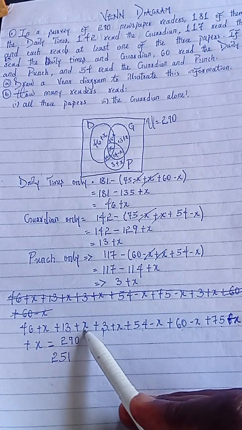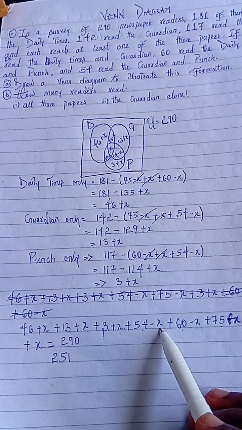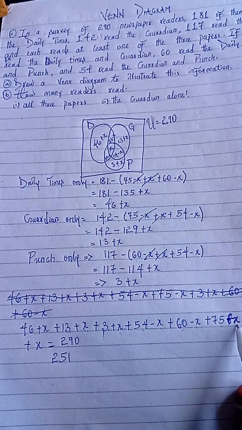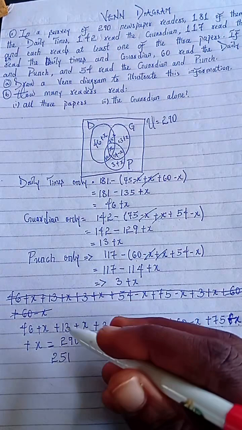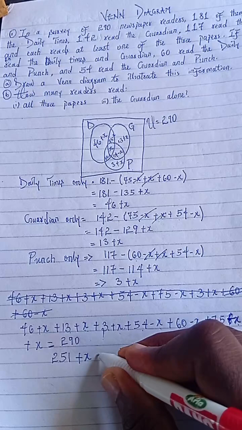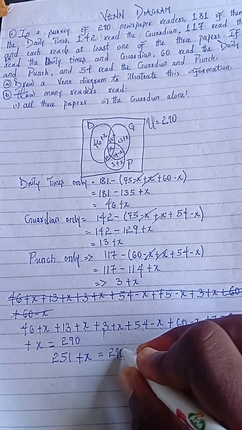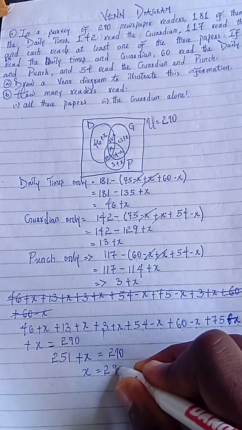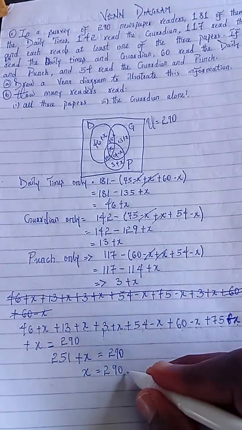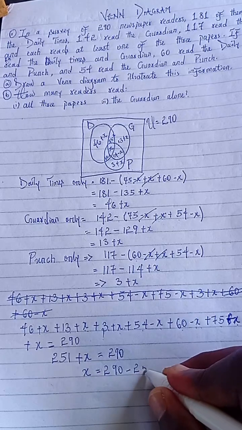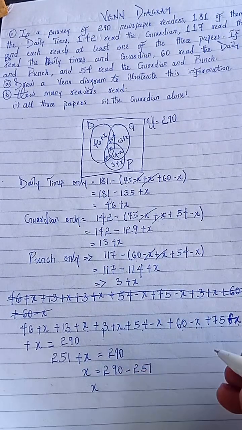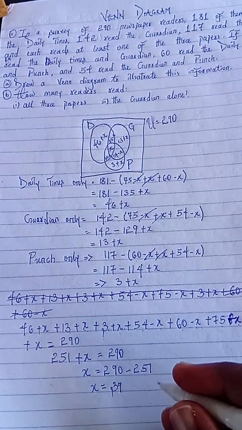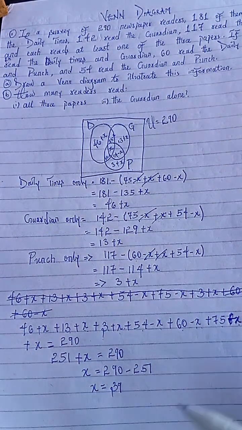X plus X is 2X, plus this is 3X. 3X minus this 2X gives us X, and then X minus X is 0, so we are just left with plus X. So here will become plus X, all equal to 290. If we collect like terms, X will be equal to 290 minus 251, so the value of X will be 39, meaning that there are 39 people who read all three of them.